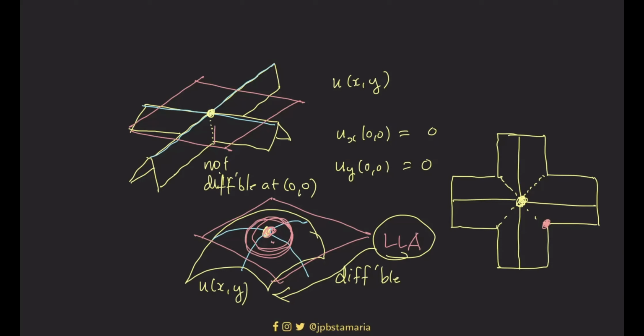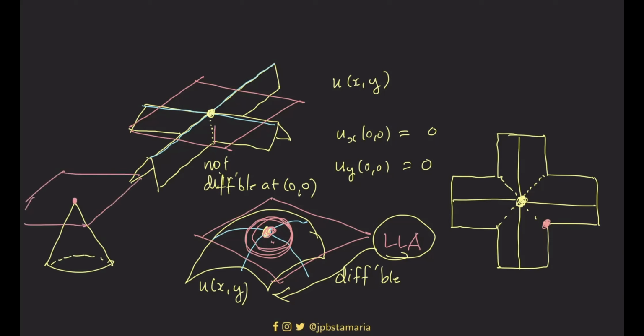Naintindihan mo sinasabi ko? Halimbawa, wag na yung ganito na lang. Yung tuktok na, yung cone ng ice cream, baligtarin nyo. At this apex, hindi differentiable yung function na yan. Alam nyo bakit? Kasi pag na-drawing ka dyan ng tangent plane like that, no?